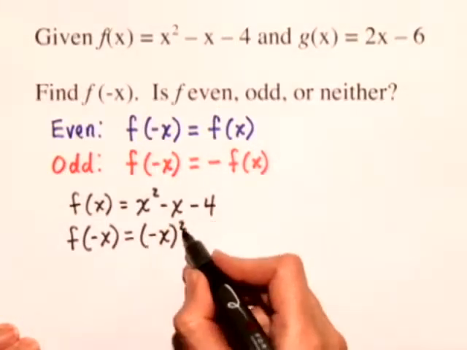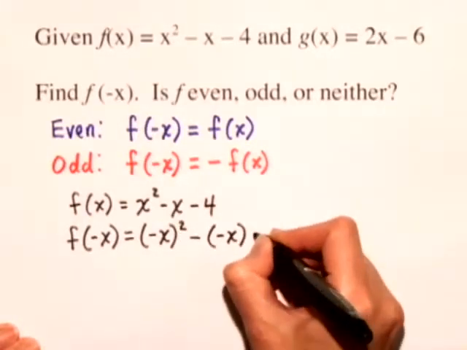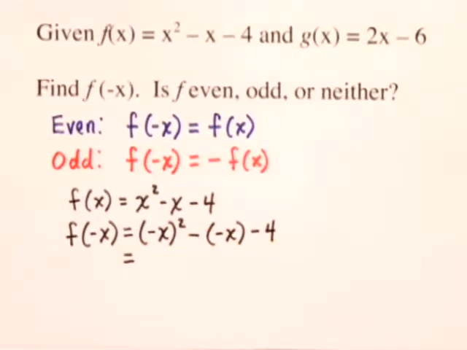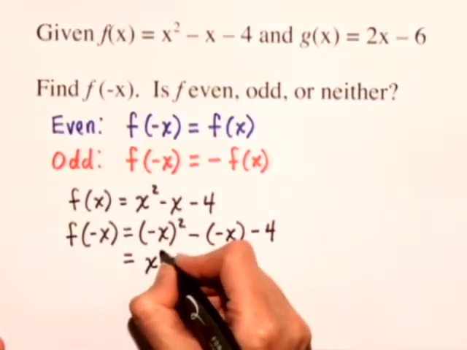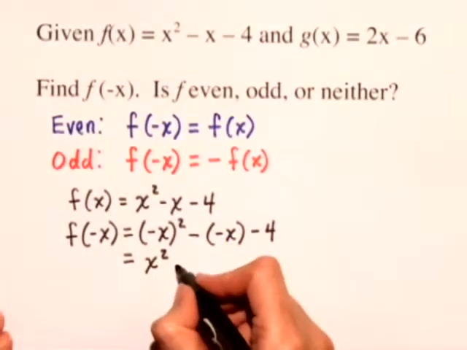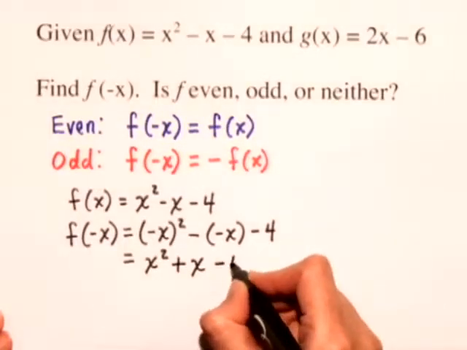So we have the quantity negative x squared minus negative x again minus 4. Let's simplify this. Negative x, when we square it, gives us positive x squared. Minus negative x gives us plus x, and then we have minus 4.